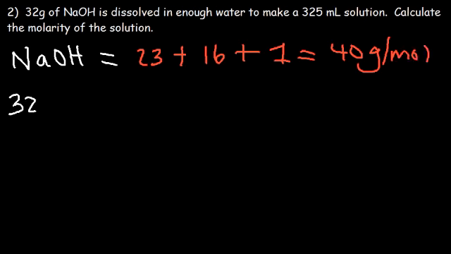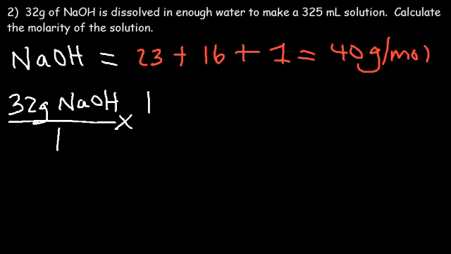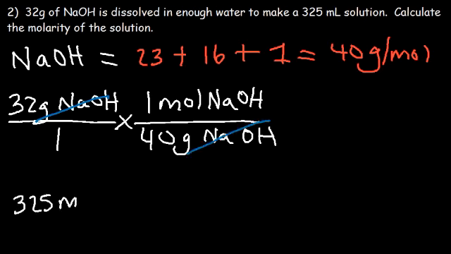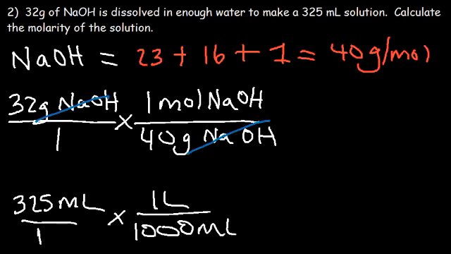So if we start with 32 grams of NaOH, we can convert it to moles by dividing by 40. So 1 mole has a mass of 40 grams. So notice that the units grams of sodium hydroxide cancel. Now we need to convert milliliters into liters of solution. And it turns out that 1 liter is equal to 1,000 milliliters.